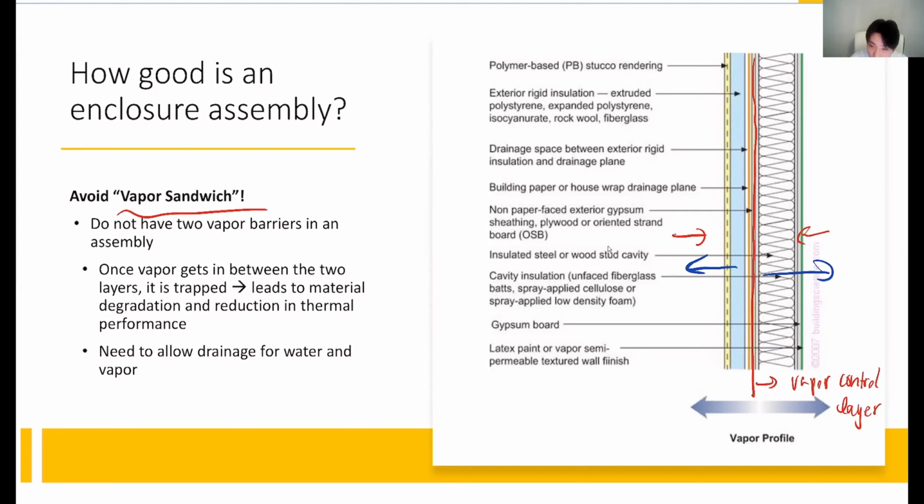So we always want to keep a vapor profile that's open to the sides. Either the vapor comes in from the indoor space and can always dry out in the same direction, or the vapor comes in from the outdoor space and can always dry out towards the outside. So we don't want to put two vapor barriers in the assembly.